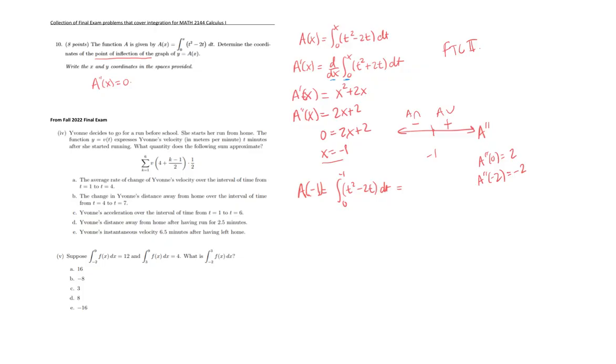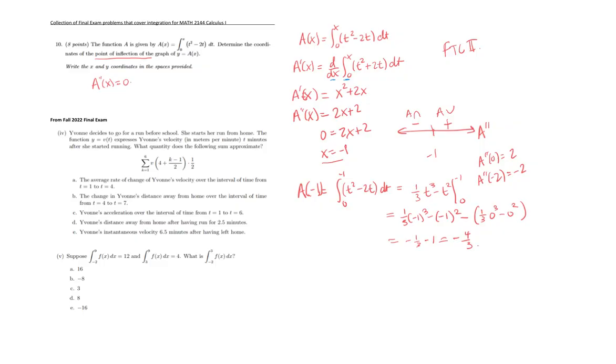An antiderivative of that would be 1/3 t cubed minus t squared, evaluated from 0 to 1. So by the fundamental theorem of calculus part 1, I can plug in those endpoints. So 1/3 times 1 cubed minus 1 squared, minus 1/3 times 0 cubed minus 0 squared. So that's all going to just be 0. So you end up getting 1/3 minus 1. So it's negative 2/3.